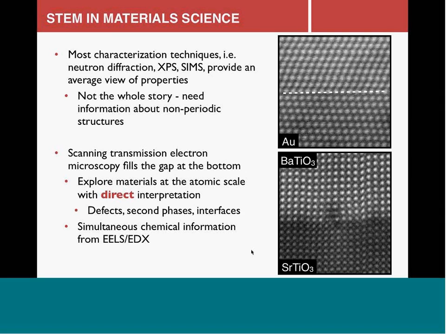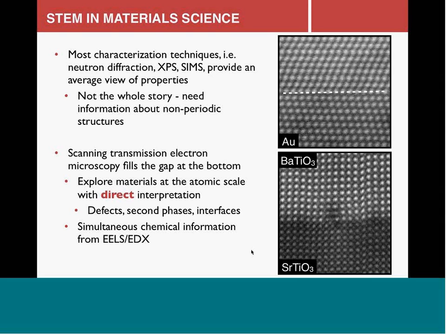So in materials science, where does it play a critical role? Well, most characterization techniques, whether it's neutron diffraction, X-ray, or SIMS, really provide an average view of your sample. They have information from a large area.